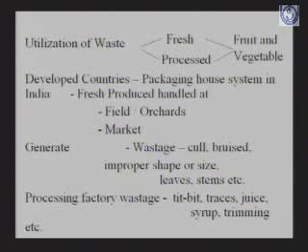As you see, we get waste either from fresh fruit and vegetables or processed fruit and vegetables, and how to utilize this waste is a significant point which can add value to the product. It can lower the cost of production of processed products, and it can utilize the waste, so the pollution problem can be checked also.